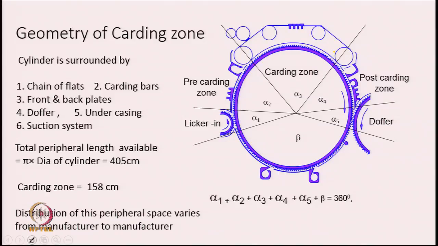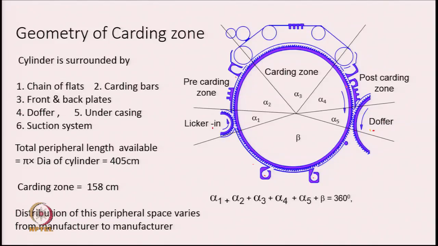You can see that the cylinder is actually surrounded by a chain of flats, by carding bars, by front and back plates, by the doffer on this side. This side we have the Licker-in, there is undercasing at the bottom, and there are suction systems. Locations are here, here, here and here. So, it is enclosed from all sides.